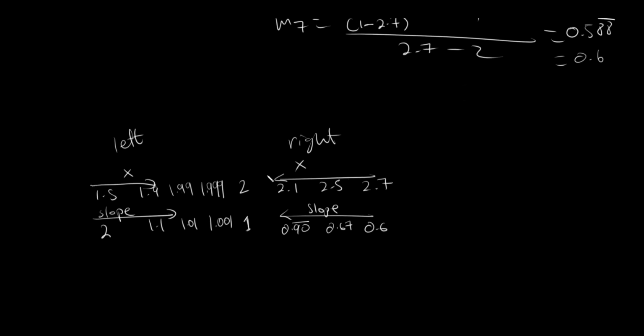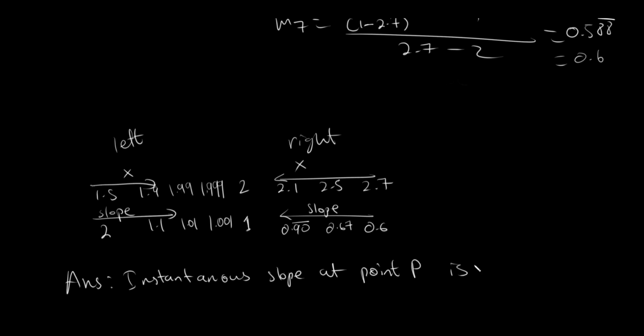So the instantaneous slope at point P is 1. This can also be called the tangent line or rate of change. Doesn't matter how you say it, they're all the same to me.